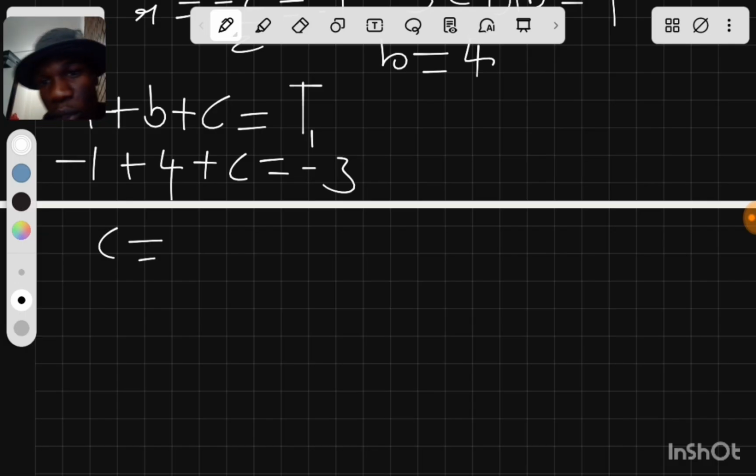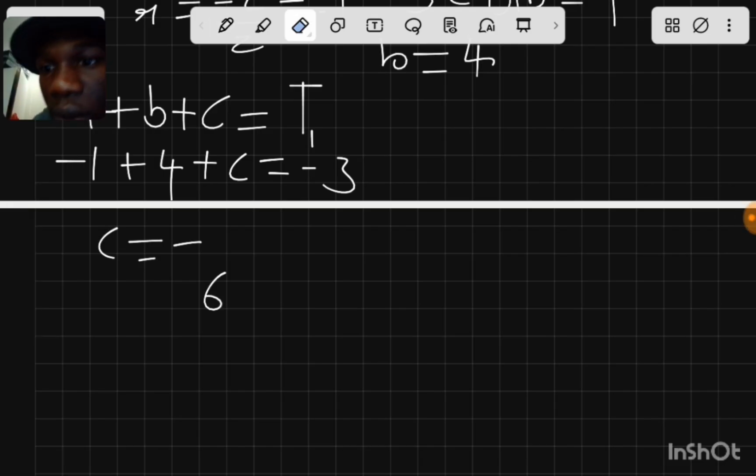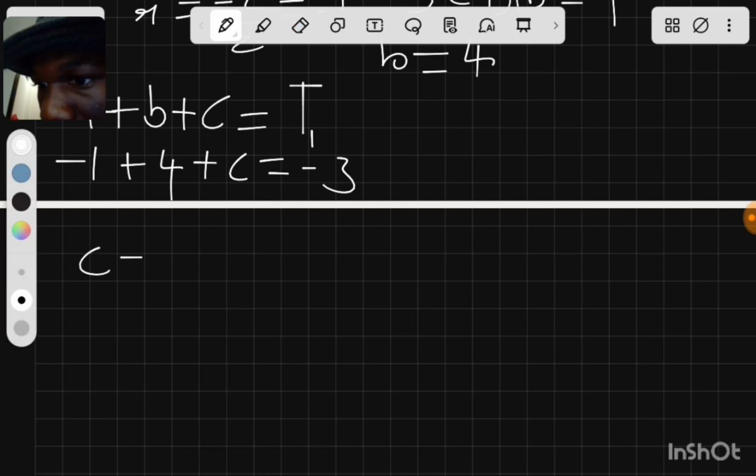Then we transpose that positive 3 to the negative 3, it is going to be negative 3. The negative 3 minus negative 3, our C is negative 6. Okay, C is equal to negative 6.